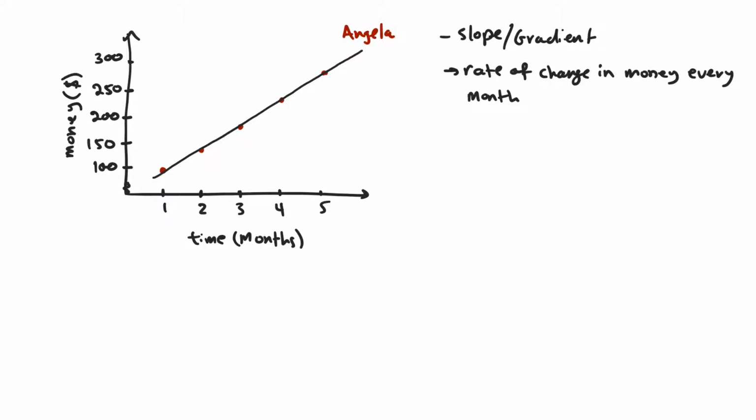The other way that we can do this is looking between 2 points. And this is a little bit easier when you have a lot of data and you draw a line of best fit. So in this case, I'm going to look at 2 points, one over here and one over here. And I am going to look at the change in my dependent variable, which is this over here.